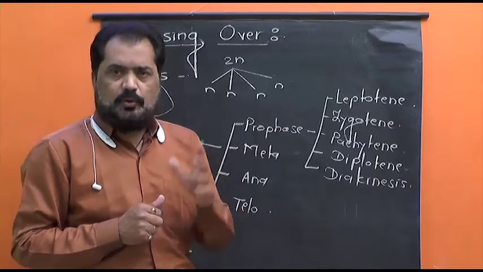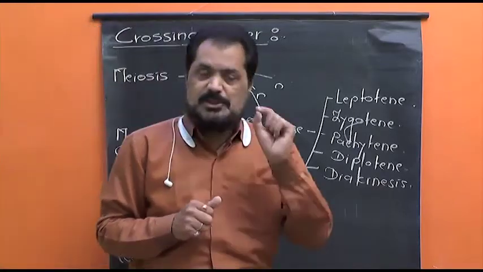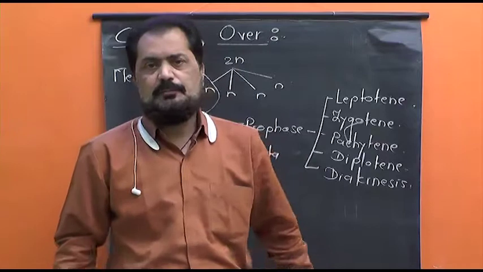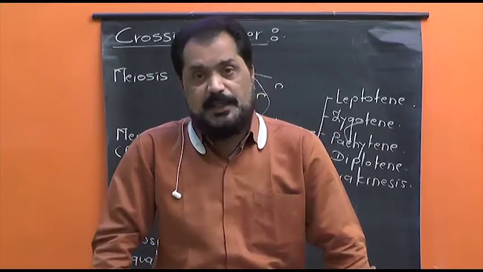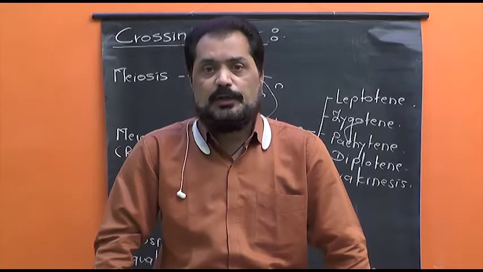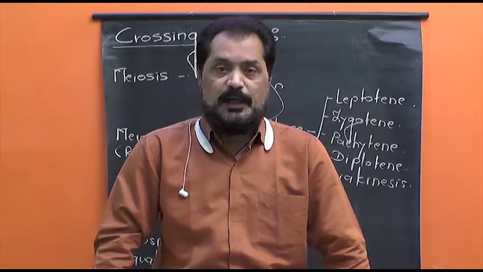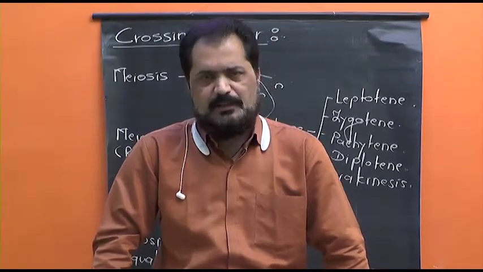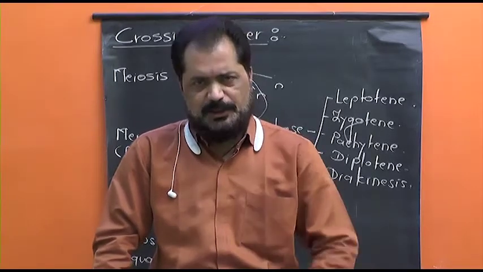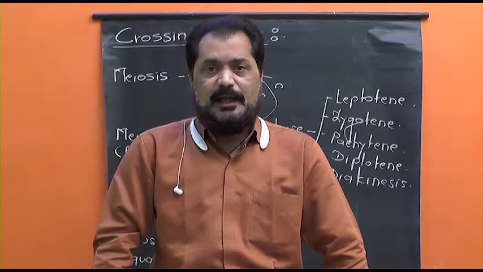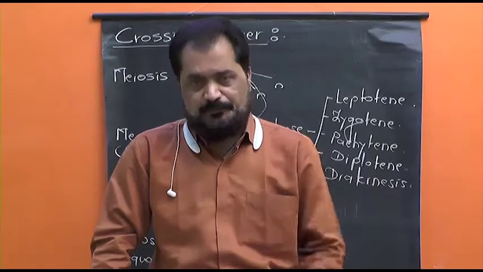Now the mechanism of crossing over is based upon the breaking and rejoining theory proposed by Darlington. It was one scientist, Darlington, and he proposed one theory, that is breaking and reunion theory.